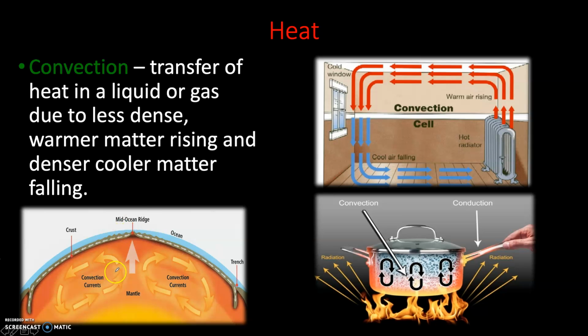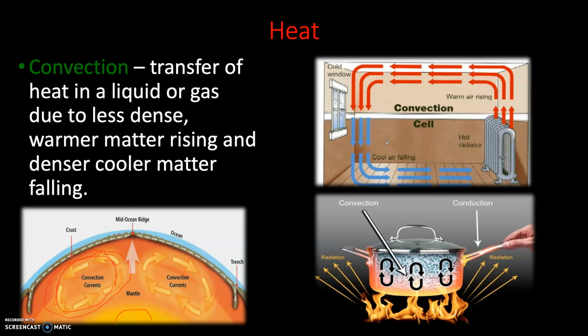So under the Earth's surface, the Earth's core is very, very hot. And that makes the warmer rocks, I suppose I could simply say, the warmer magma, rise to the top. And as it cools, it falls back down to be warmed up again. And so you create these cool convection currents.